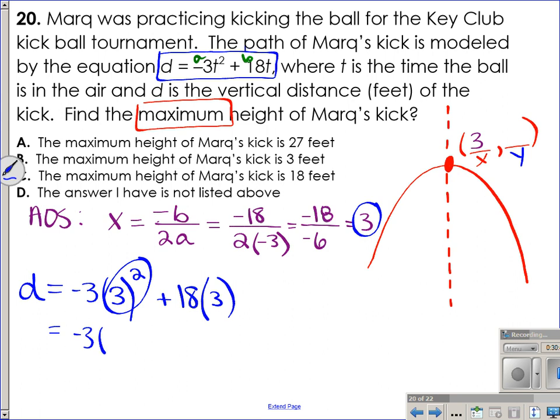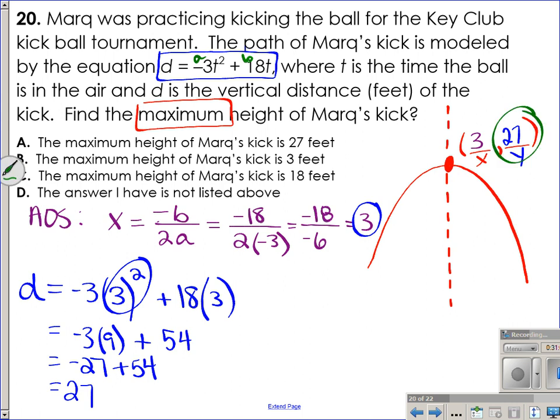So negative 3 times 9 plus 18 times 3, which is 54. Negative 3 times 9 is negative 27. Plus 54 is a positive 27. So that makes the y-coordinate of your vertex 27, which is the maximum. So the answer to the question, find the maximum height of the kick, the maximum height was 27 feet.